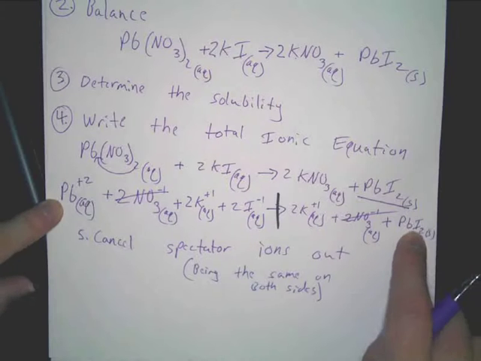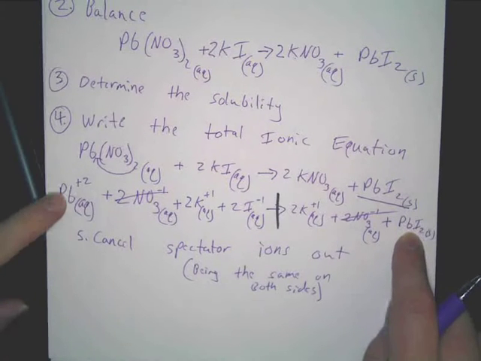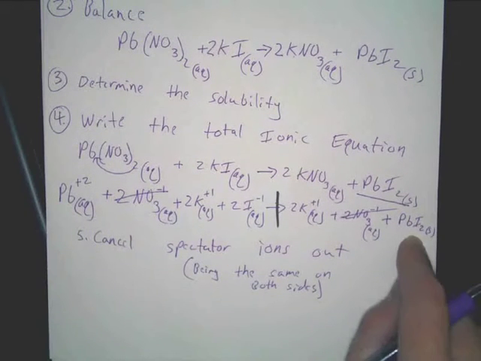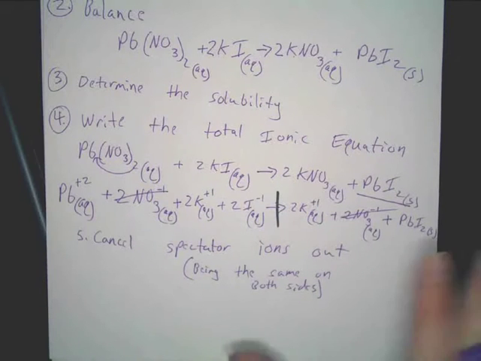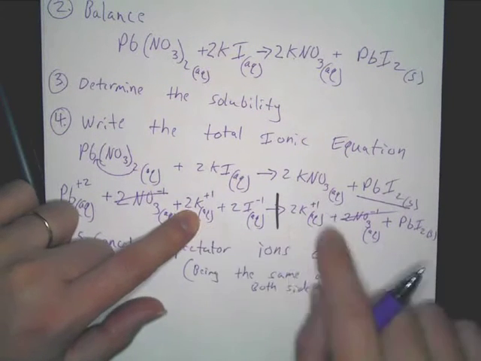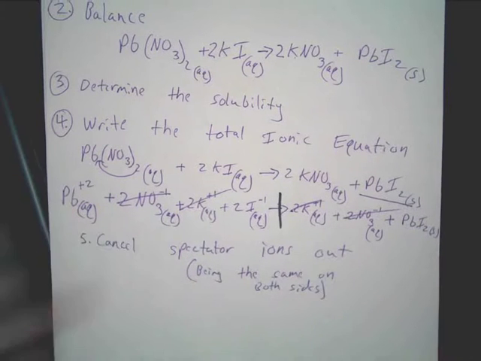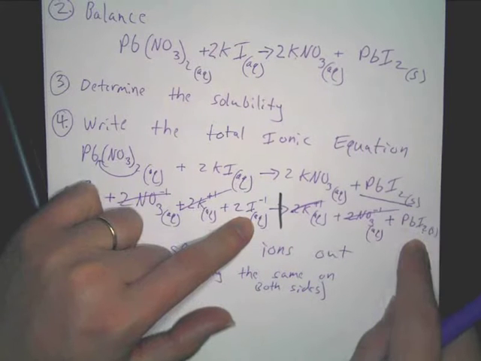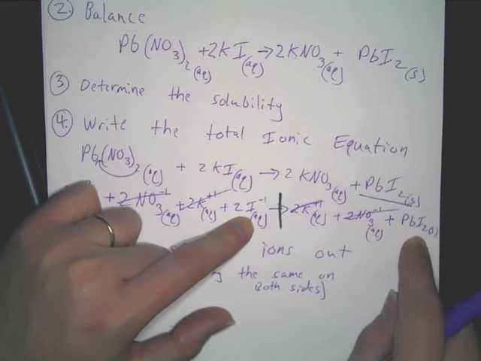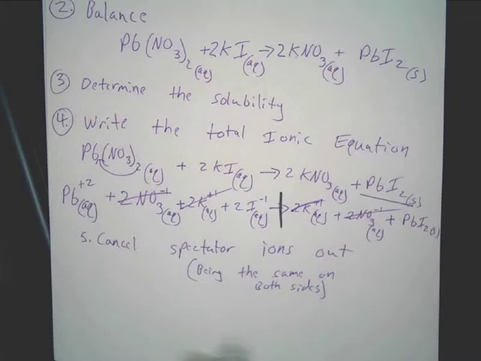Is it exactly the same on the other side? No, it went from being an aqueous ion to a solid, not dissolved in water. Don't cancel that out. 2Ks, plus one exactly, ions, cross them out. 2 Is, you have 2 Is, but it's not in its ionic form. Can't cross them out. So, you've now basically finished.